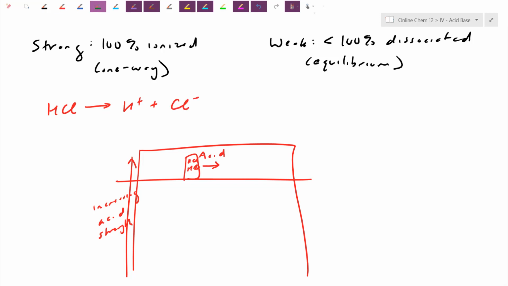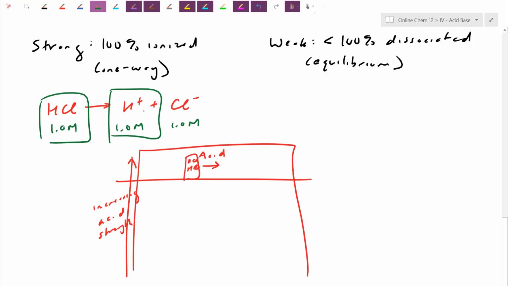Putting some numbers to this, let's say the HCl is 1 molar. Breaking off completely, you get 1 molar H+ and 1 molar Cl-. Even though I show my work like that, it is understood that the HCl is no longer holding hands. That compound is completely ripped apart to form H+ and Cl-. It's really easy to find the amount of H+ in solution with a one-way arrow. Let's contrast that with a weak acid instead.